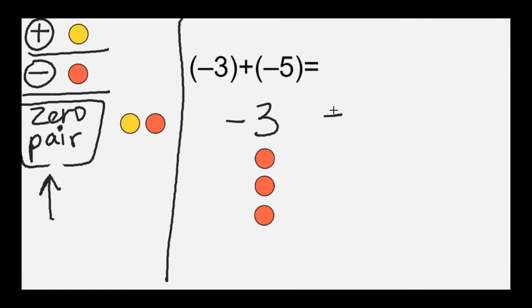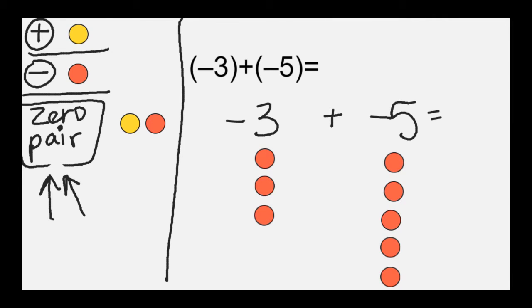Now we're going to add a negative 5. So let's use some more red counters. We need 5 of these to model negative 5. And so the question is, do we have any 0 pairs?